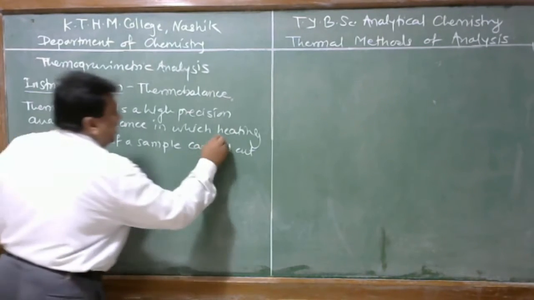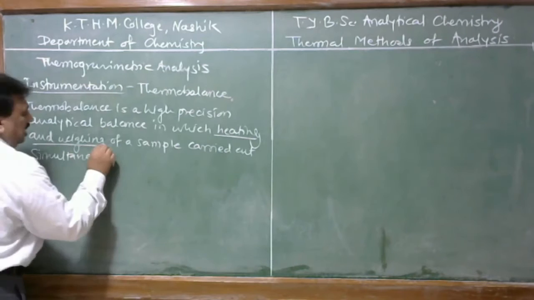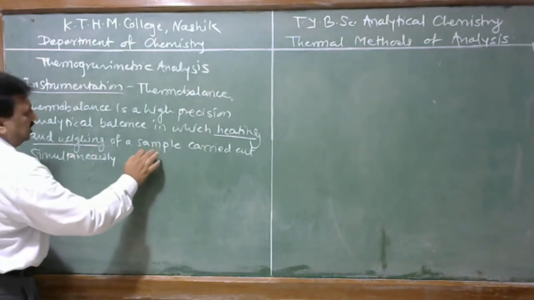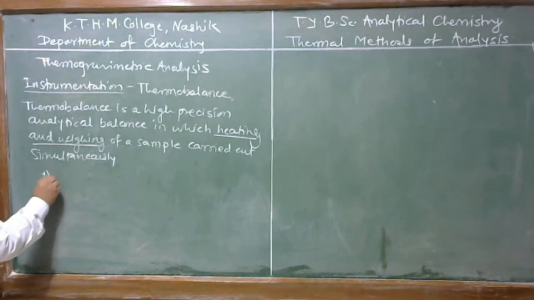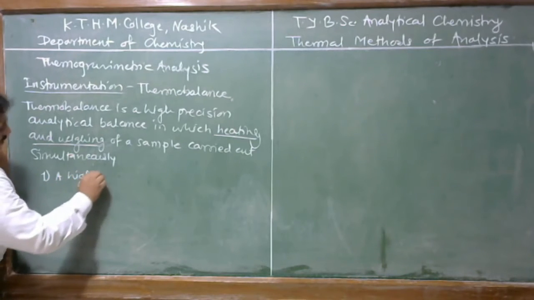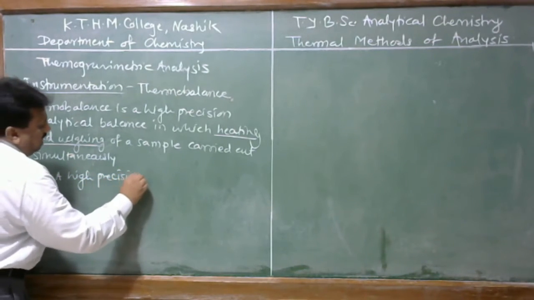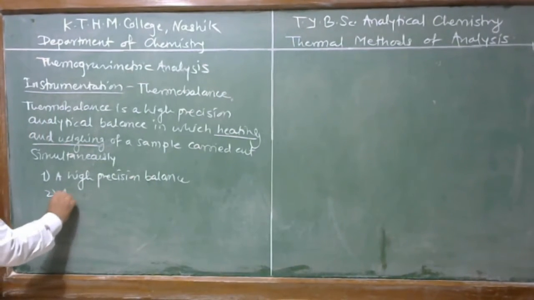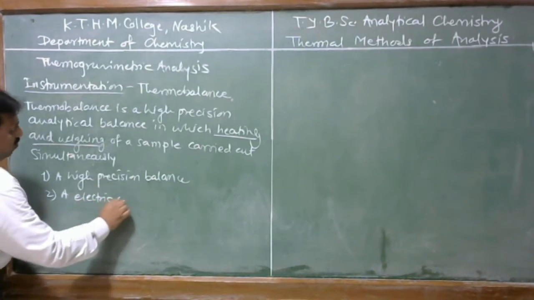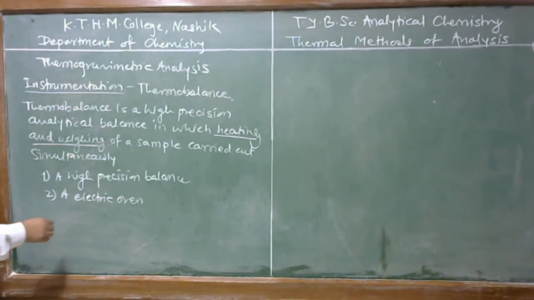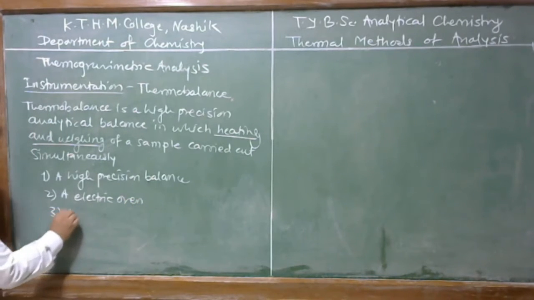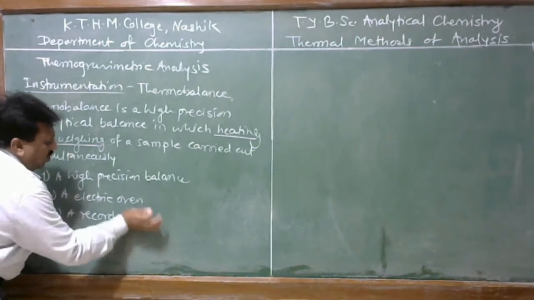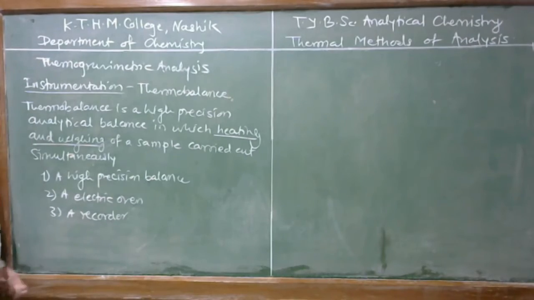As heating and weighing is carried out simultaneously, the essential requirements for the thermobalance are: first, a high precision weighing balance; second, an electric oven, that means the sample is heated; and a recorder for recording the change in weight of the sample.